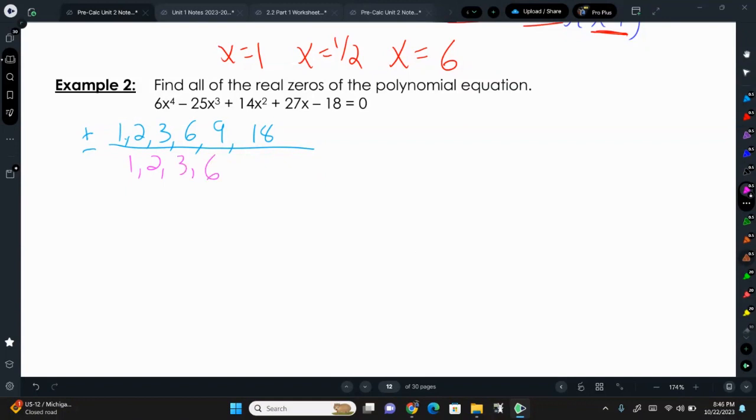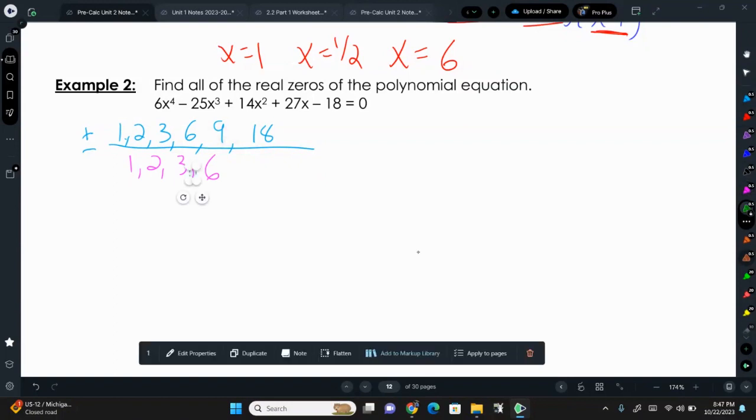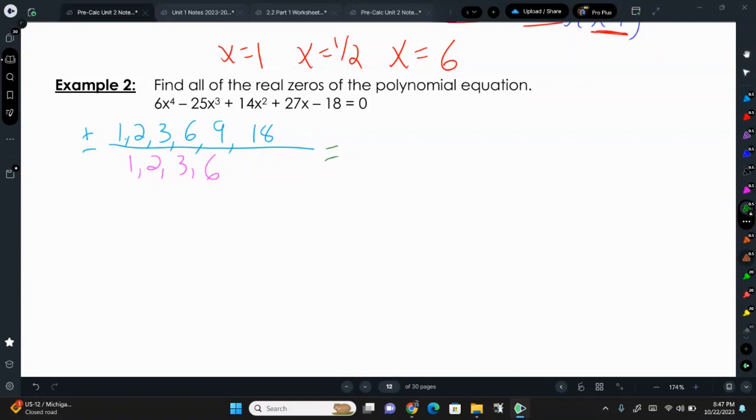So there's quite a number of possibilities. Then we can write it out, 1 over 1, so it's going to be plus or minus 1, plus or minus 1/2, plus or minus 1/3, plus or minus 1/6.